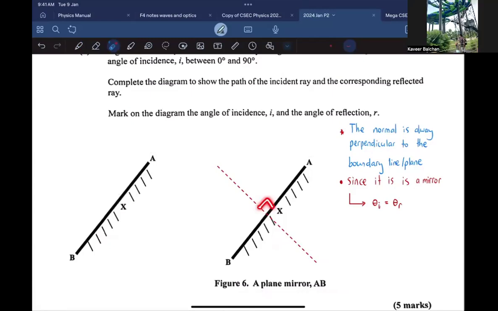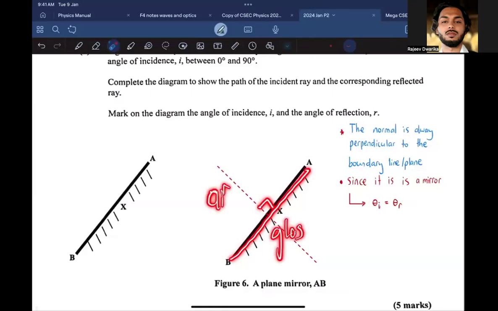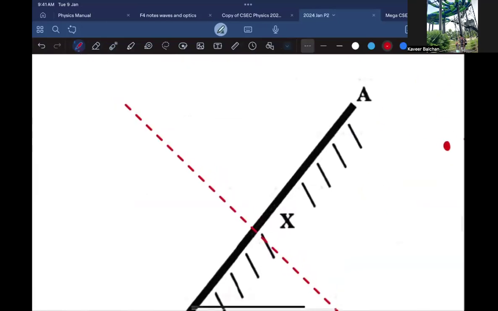That's not the boundary line. This is the boundary line. The boundary line separates the two mediums. So this is air and this is glass. This is the boundary line. You understand that this is the normal, right? Okay. And if you want, you could draw a little 90 there.